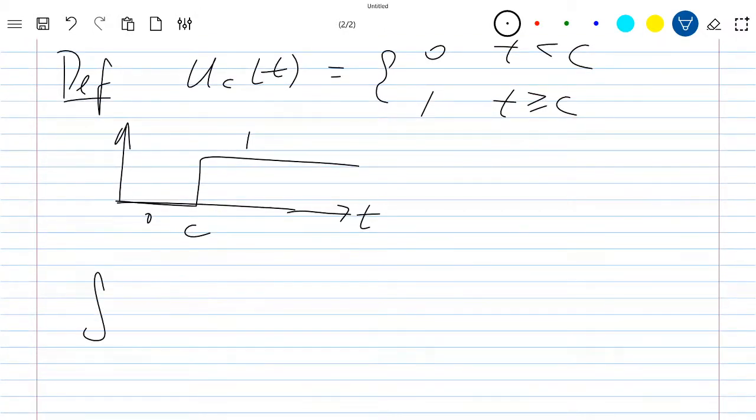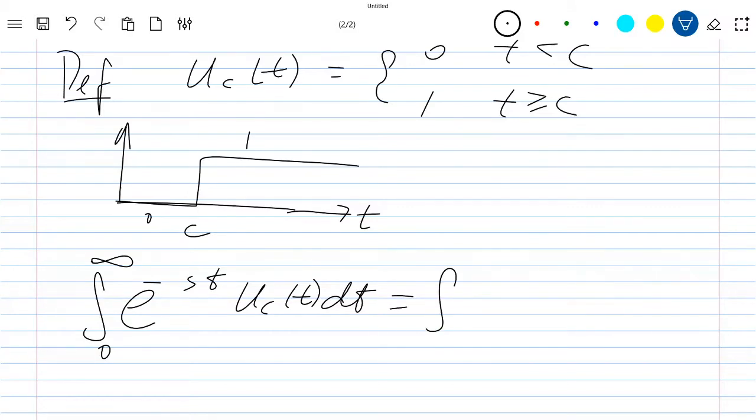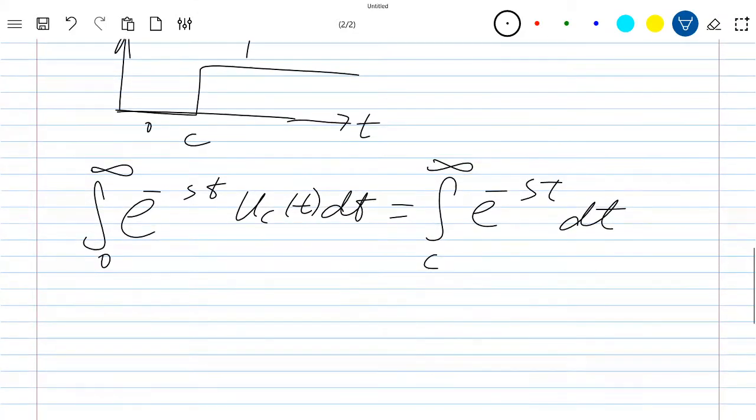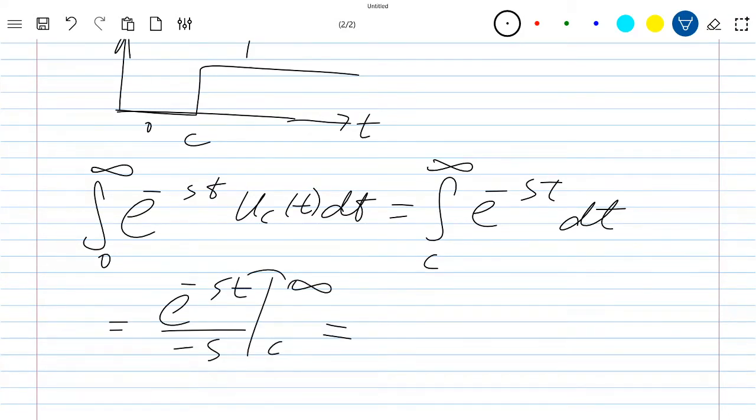And let's see what is the Laplace transform of the step function. You can see it's actually from c to infinity, because below that it's nothing. Then you can plug in the limits. Plugging in infinity you still get 0. Plugging in c you will get e to the negative sc over negative s, but it's the lower limit, so it's positive.